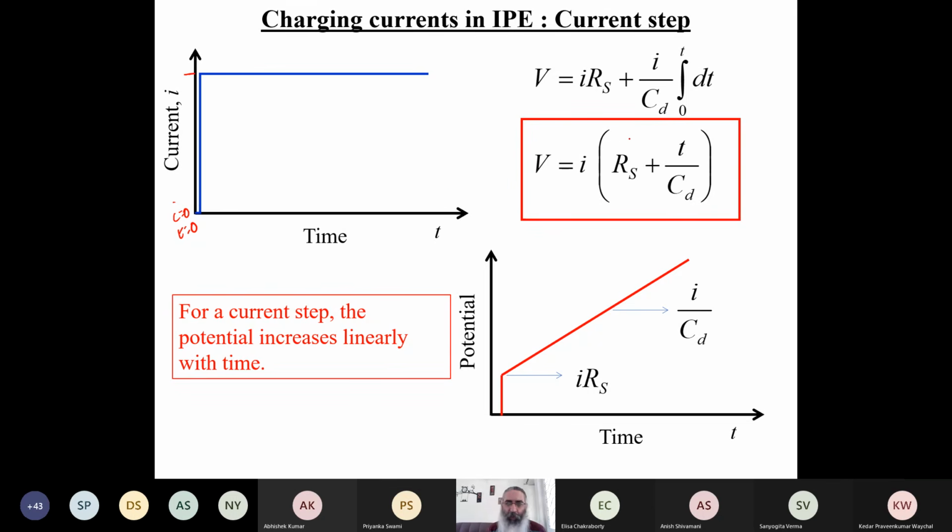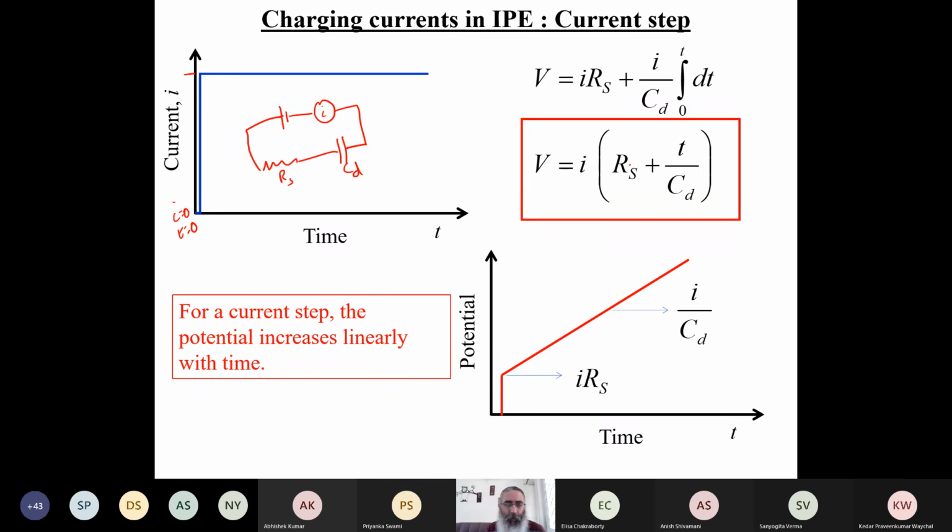If you do the same kind of math, the circuit is exactly the same: a DC power supply, a meter, and then a CD component and an RS component, so this is exactly RS into CD. You are looking at the same drop in mercury electrode sitting in potassium chloride solution, except that instead of applying a constant potential, you are applying a constant current.